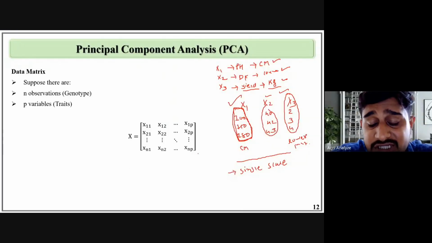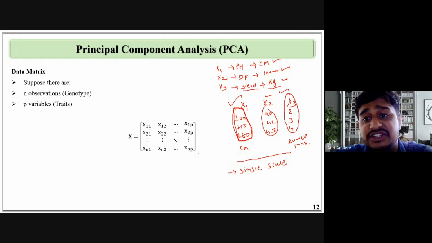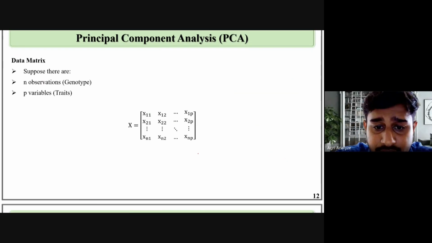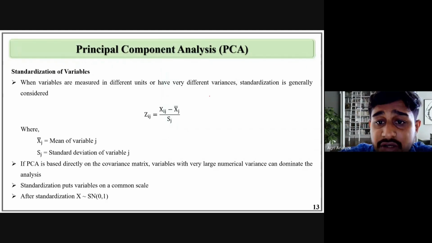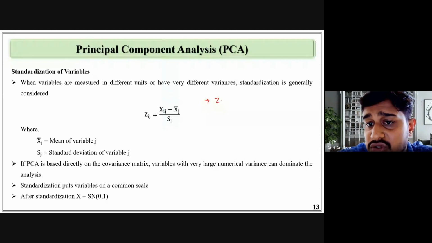So this is the basic need for standardizing our data, because all the variables are measured in different units. This is the technique for standardization of our data or our variables. It is also known as Z score or standard normal distribution.